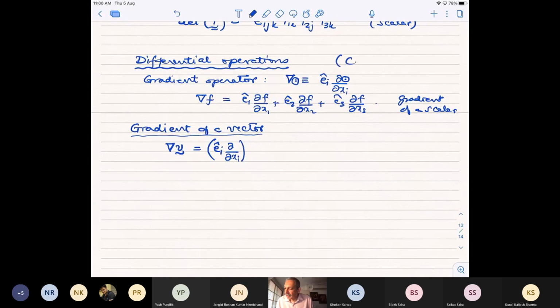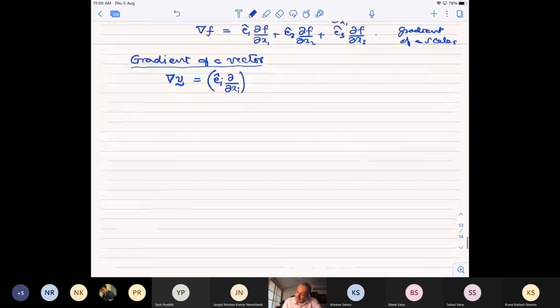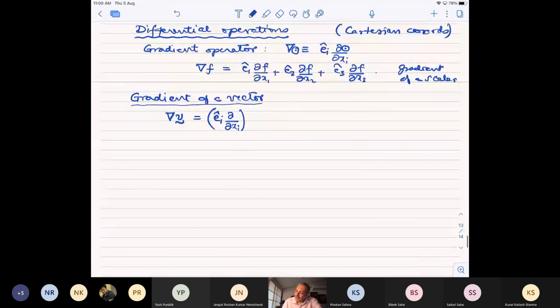Over here I'm saying I'm only looking at Cartesian coordinates. So this is not for cylindrical coordinates and all that. That will come a little later. So this is only for x, y, z coordinates. So 1, 2, 3 is just x, y, and z.